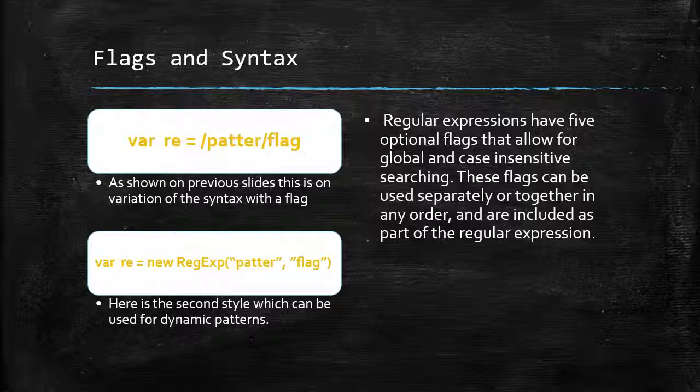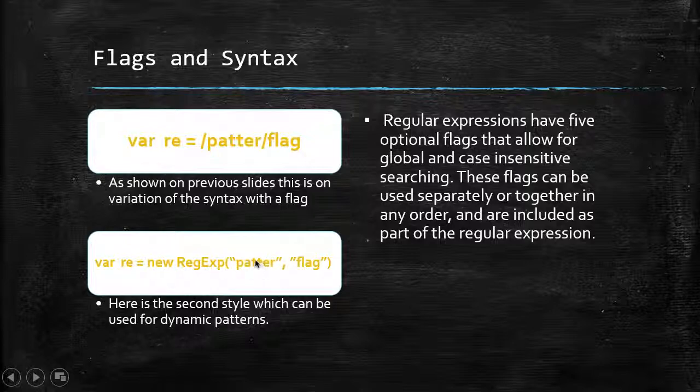Right, so we'll come to flags, which are similar to special characters, which perform special matches. This is what the syntax for a flag is like. We have the pattern that we're trying to match, and then the flag will come after it.